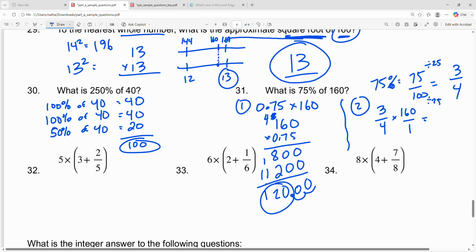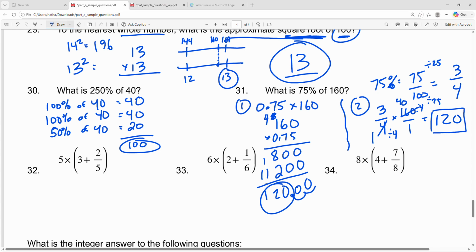So if I divide top and bottom by 4, this reduces to 1, and 160 divided by 4 would reduce to 40. 40 times 4 would give us 160. 3 times 40 is 120. 1 times 1 is 1. That would be on our denominator, but we don't need to see that there.